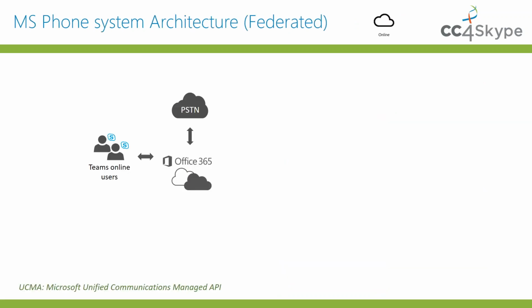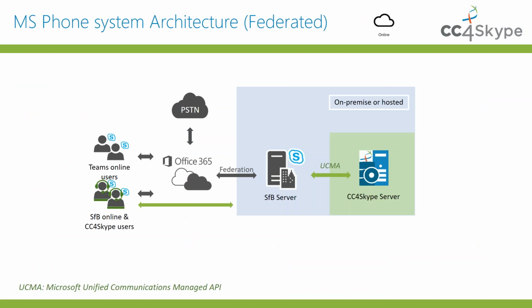So in the same architecture through the federation, providing a federated Skype for Business hosted by the partner, or on-premise, or privately hosted, we can add a UCMA connection through CC4Skype, and we can add additional functionality to Skype for Business Online users as we can do today. We will still be able to do that next year and the year after, until the point comes that Skype for Business Online completely disappears, and then CC4Skype will be ready with an integration with Teams.